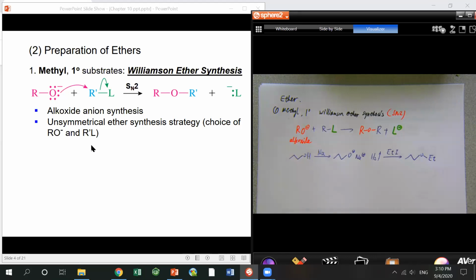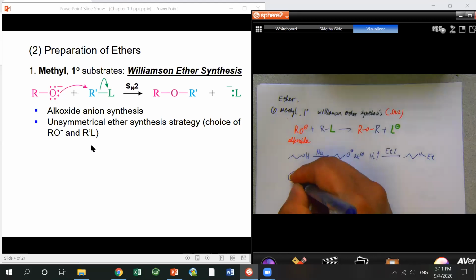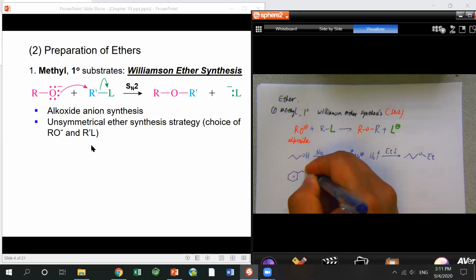If you use a more acidic alcohol, like phenol, you don't even need sodium. A base can just deprotonate it. Let's do another example. Phenol has a pKa of probably around 9, so it's more acidic.